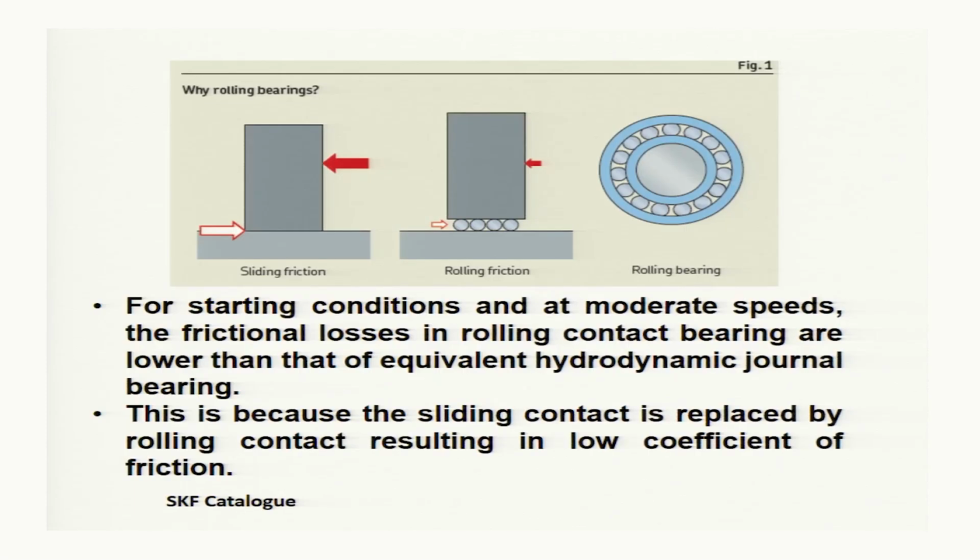Now the lesser amount of friction which occurs in the case of rolling element bearing is due to conversion of the sliding friction into a rolling friction.